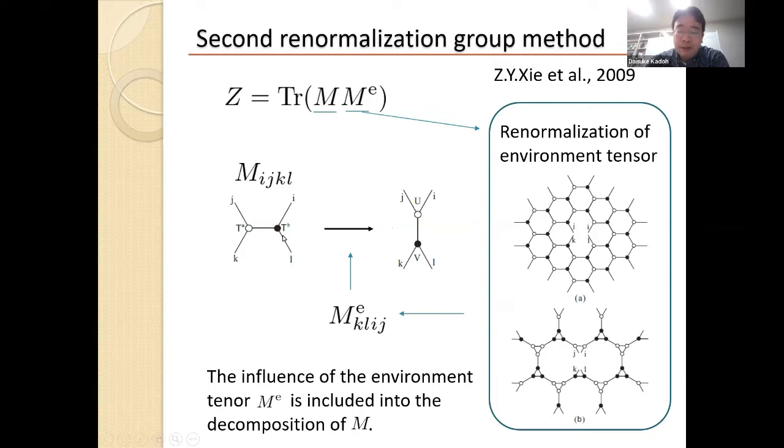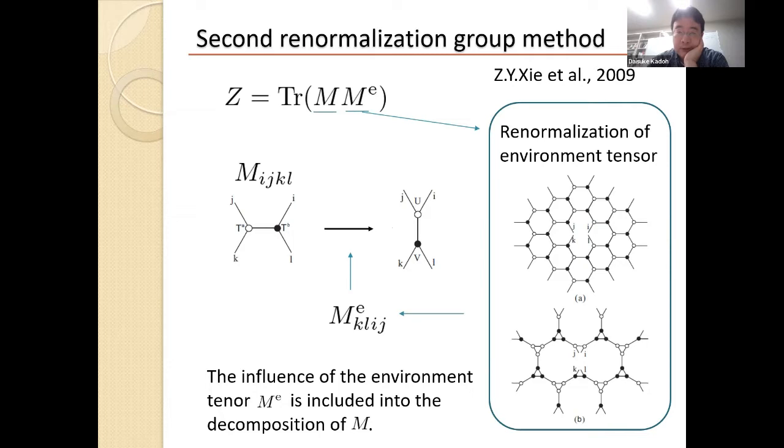But this decomposition is locally carried out, so the information of the environmental tensor is just ignored in this decomposition. This ME is the environmental tensor, meaning that M is removed from the whole of the network.